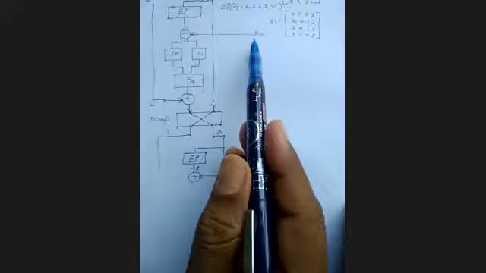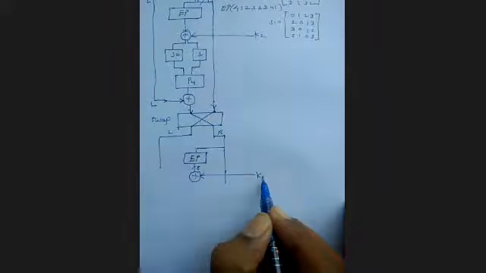Because I only have 2 keys, K1 and K2. Here I have added K2. After swapping, I have to add K1 over here. Got it? Here you have to add K1.